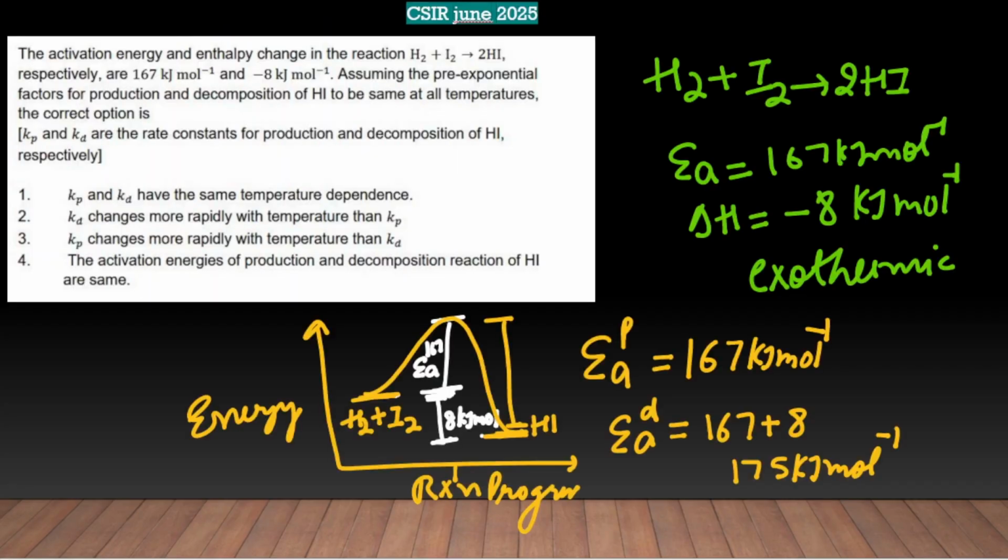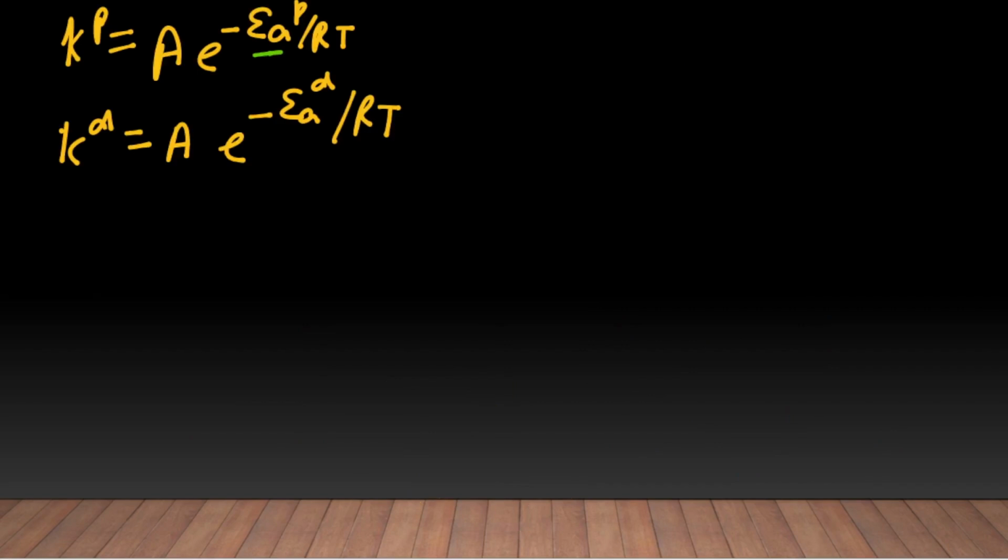Now the statement says Kp and Kd have the same temperature dependence. Is it true or false? So we have to find the correct statement. Do Kp and Kd have the same temperature dependence? The answer is no, because the activation energies here are different.